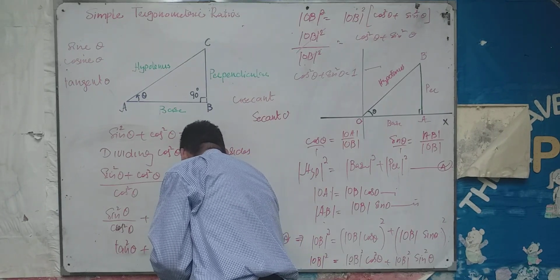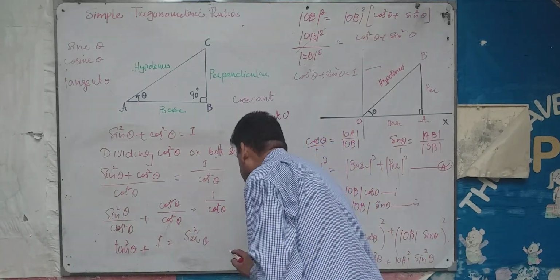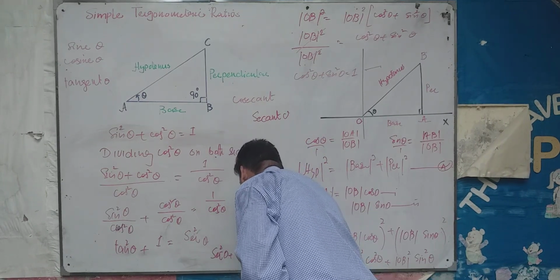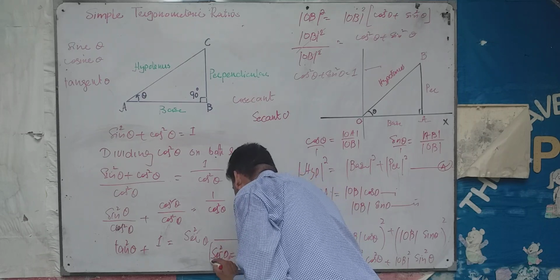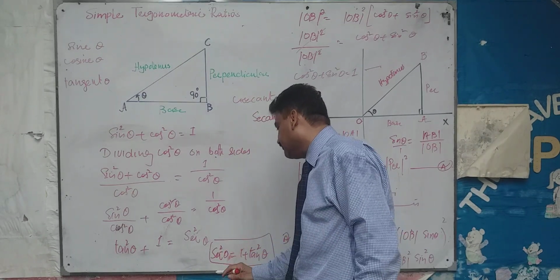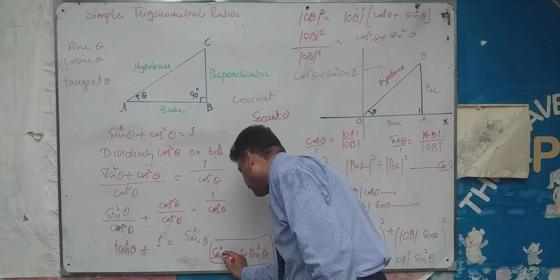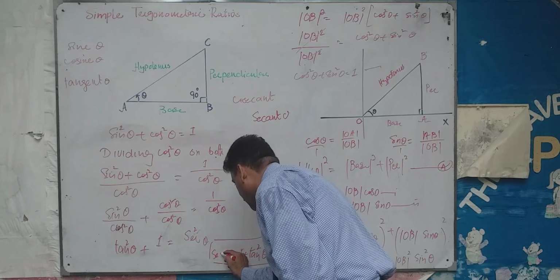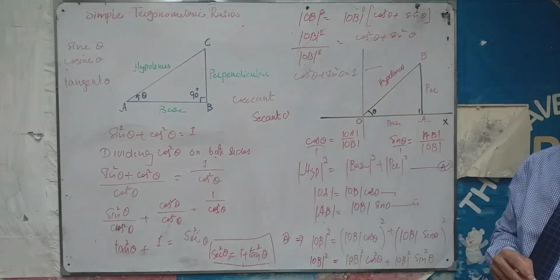This is another trigonometric identity: secant squared theta is equal to 1 plus tan squared theta.